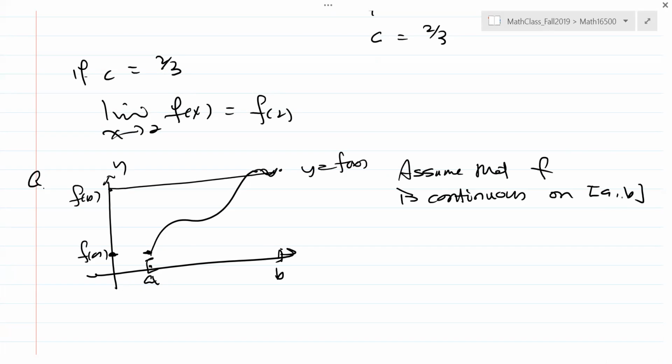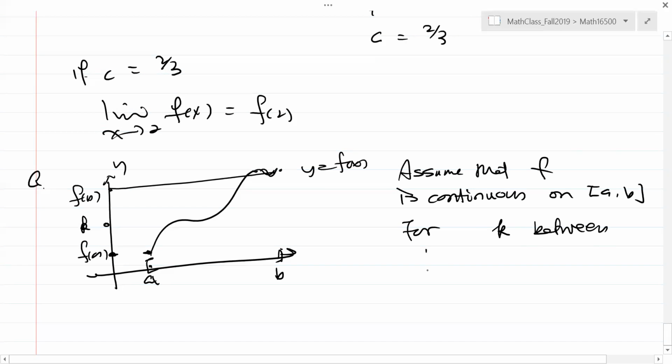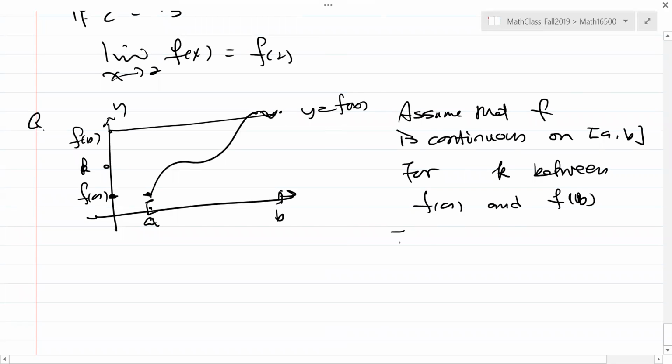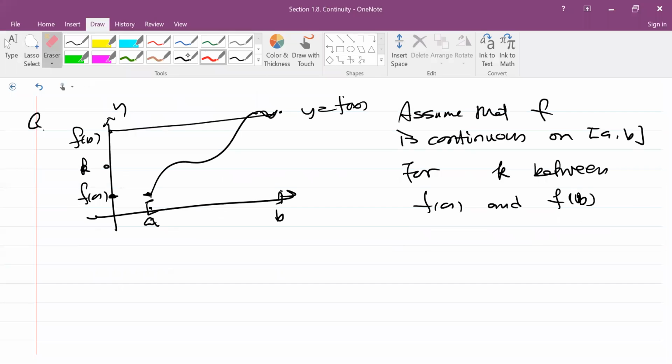That means for an arbitrary value k between f of a and f of b, because I don't know which one is larger, then the horizontal line intersects the graph.